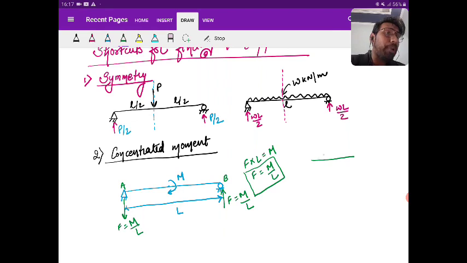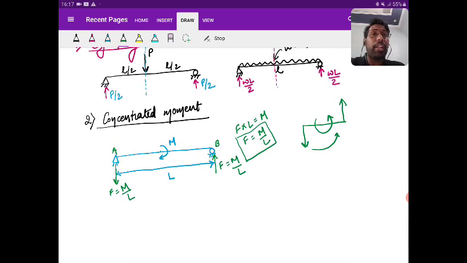You need to develop an anti-clockwise direction to balance the moment M of clockwise. So this anti-clockwise couple can be developed only when at the left there is a downward force and at the right there is an upward force, so that it creates an anti-clockwise moment. Getting my point? Yes or no? So that is about concentrated moment.